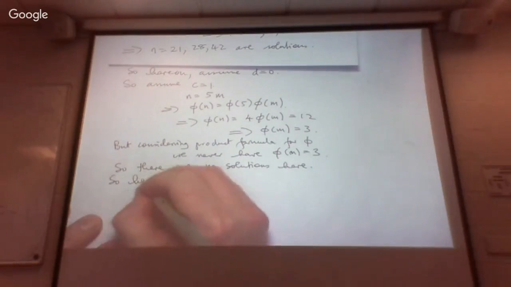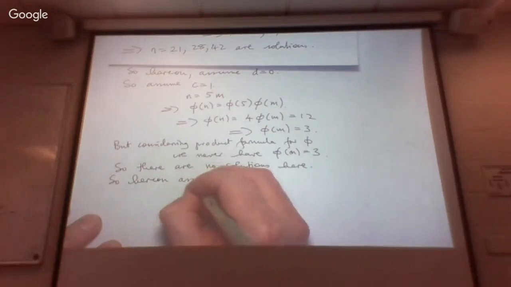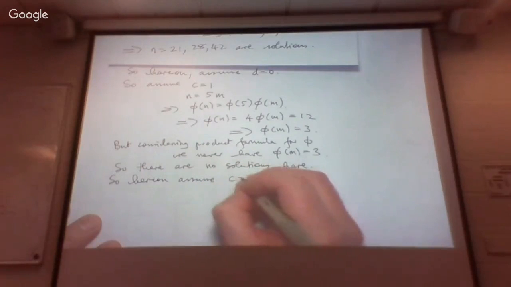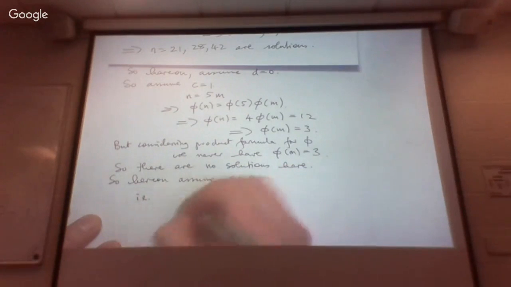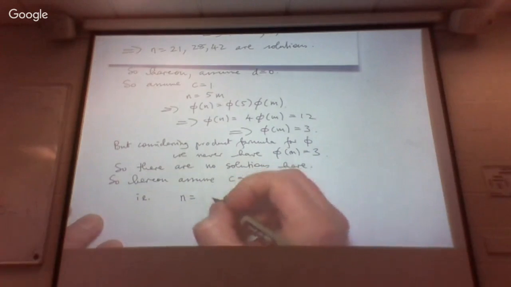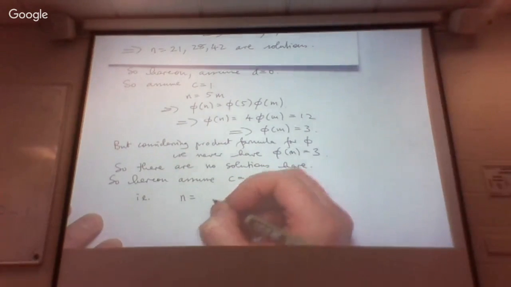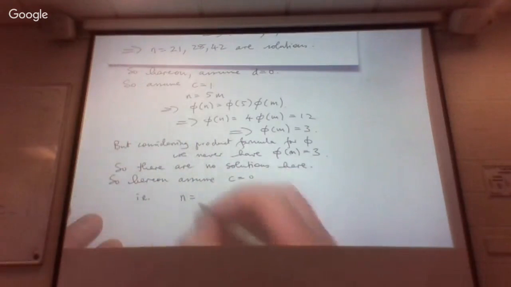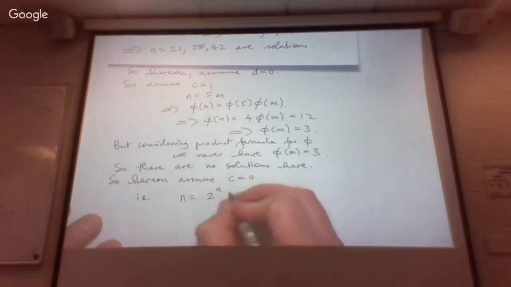So here, assume c is 0, i.e. n is equal... I think we can do these all in one go now. So if we've dealt with the 13, 7s, 5s, we've just got 2s and 3s.